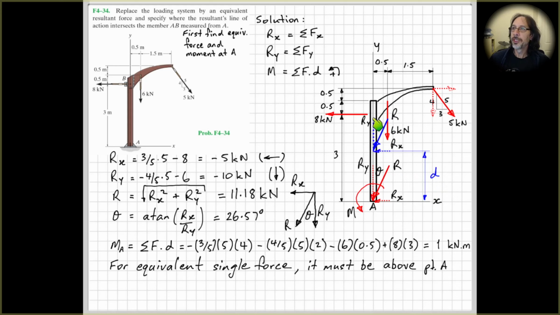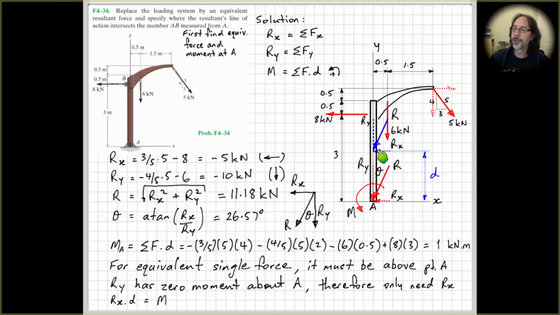I've also just put on here the X and Y components, and we can see that RY passes through point A, so it will have 0 moment about point A. So therefore, we just need to make use of Rx in working out the value of D. The moment of Rx about point A will be Rx times D, and we want that to be equal to this moment here that we calculated before.